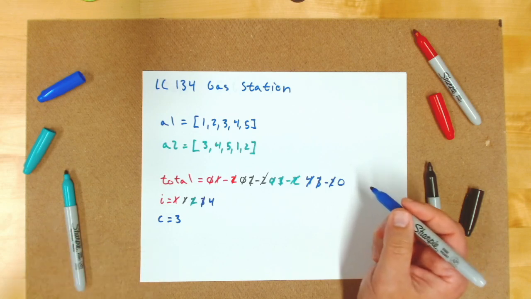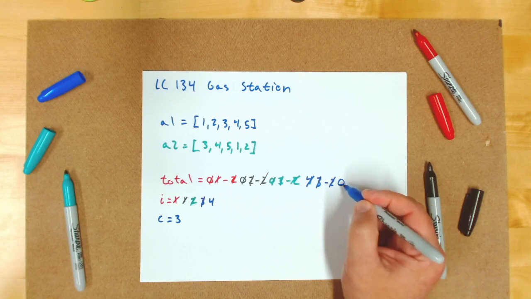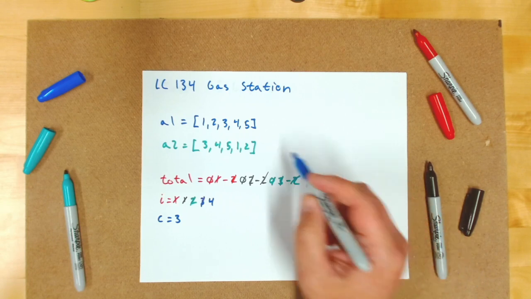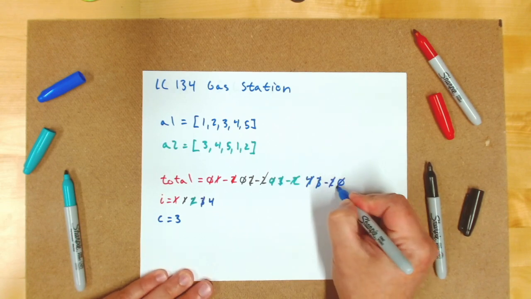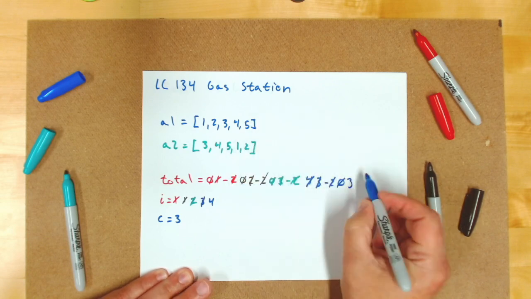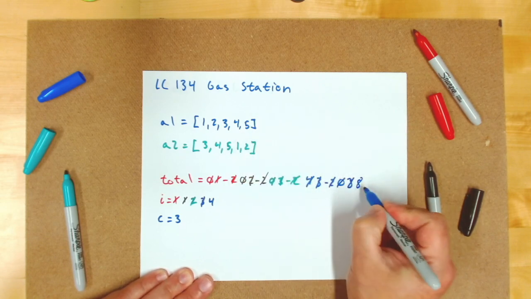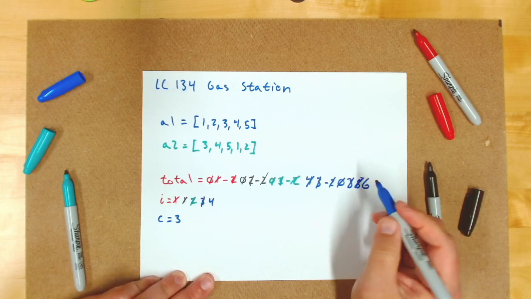Does that make it valid? No. I must have done the math wrong there. A1 is gas, I did that backwards. Sorry. So we were at 3. We add 5, get to 8, subtract 2, get to 6. Okay, so we still have gas in the tank.